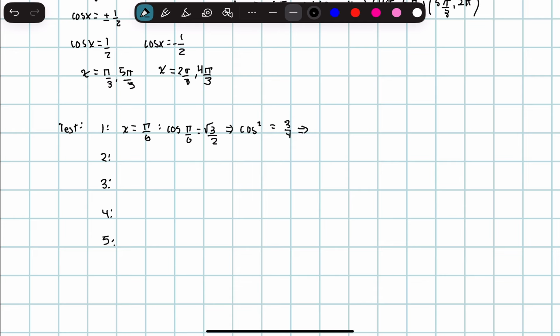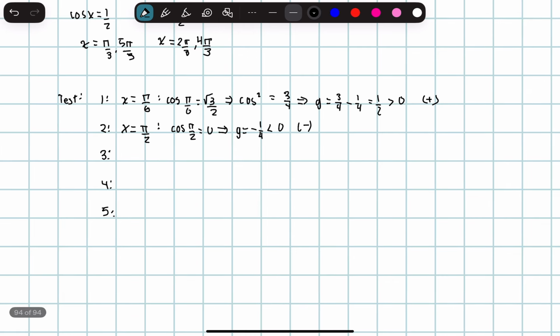Then g is equal to 3 over 4 minus 1 over 4, which is 1/2, and that's greater than 0, so that's positive. Now let's say x is equal to pi over 2. Cosine of pi over 2 is equal to 0. So g is equal to negative 1 over 4, which is less than 0, and that's negative.